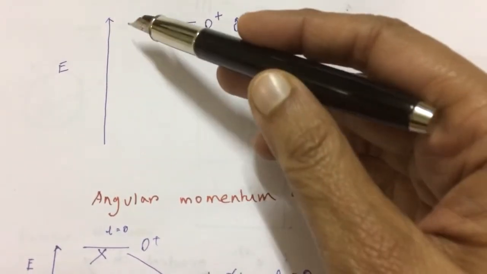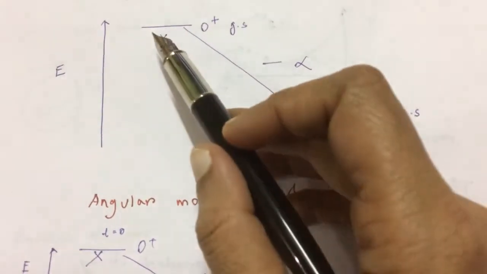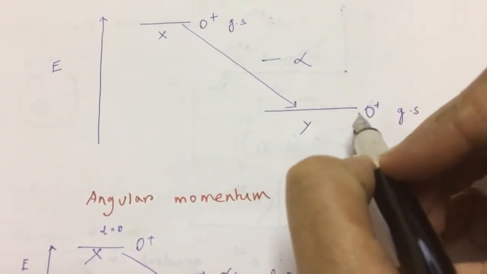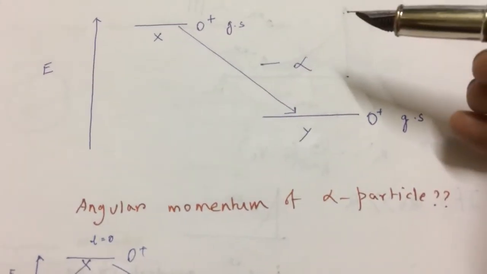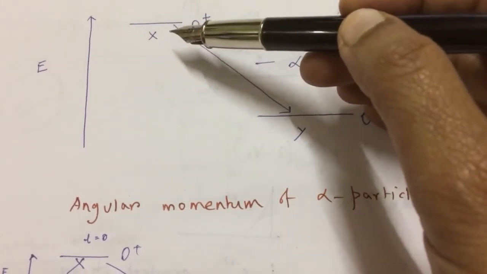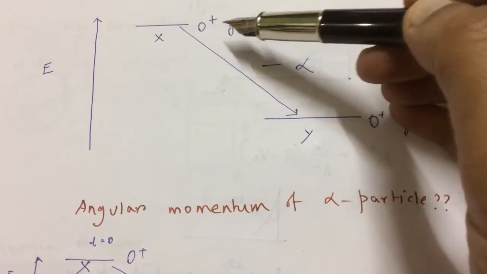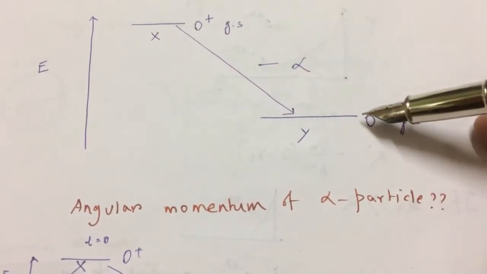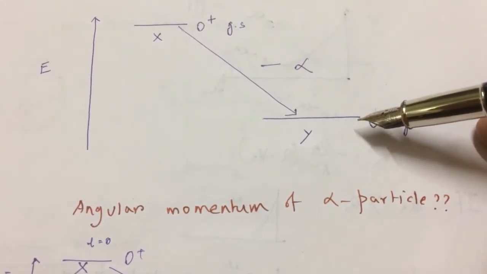This is the energy axis. We have X, this is the parent nucleus. We have the product nucleus as Y, and suppose it is an even nucleus. For an even nucleus, the ground state should be 0 plus, and when the alpha particle is emitted, another daughter nucleus is produced.